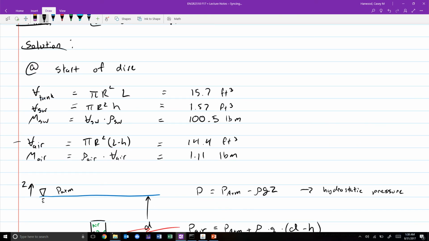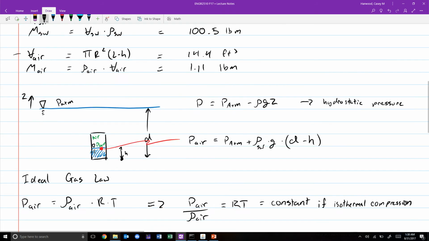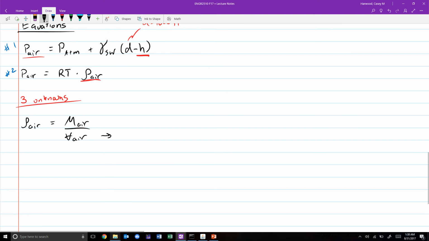The volume of air is pi r squared times the height of L minus H, which remains valid. Pi r squared L minus H, where H we don't know any longer. That's still an unknown, but that unknown is already accounted for up in equations 1 and 2, so we're not adding any additional unknowns there.